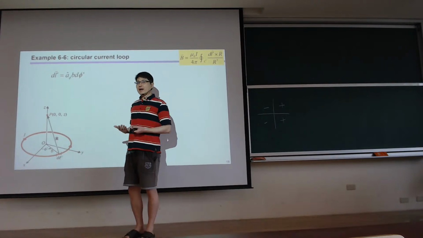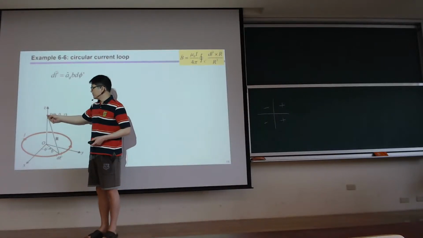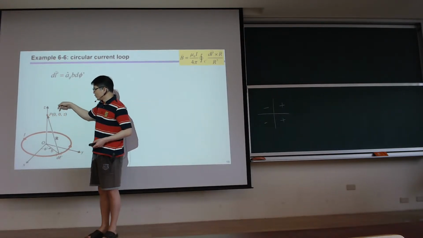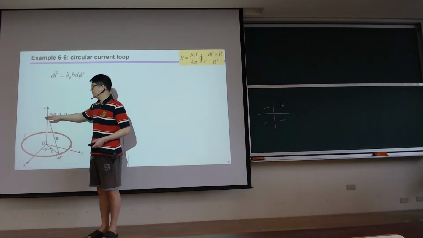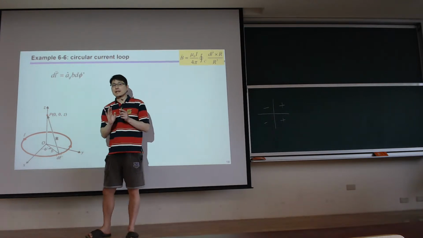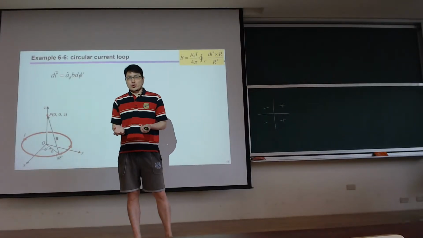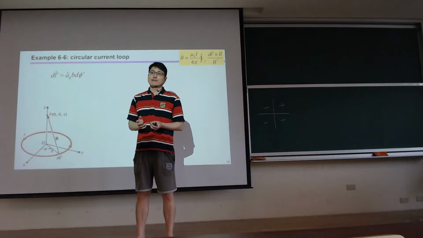Currently, I'm trying to find the resulting B field for an observation point at 0, 0, z, which means I'm on the geometrical center axis, but now I have a height of z. Again, this is only to illustrate the power of Biot-Savart law.